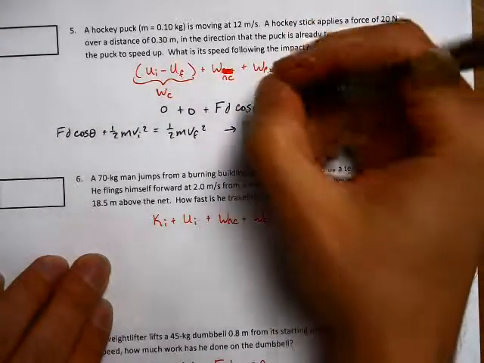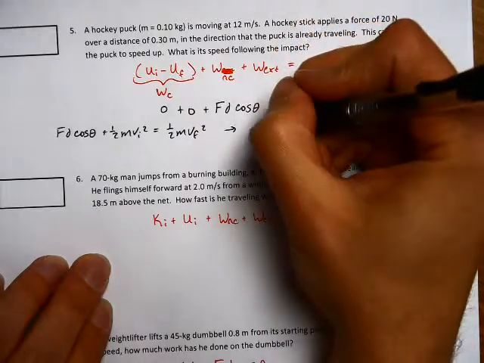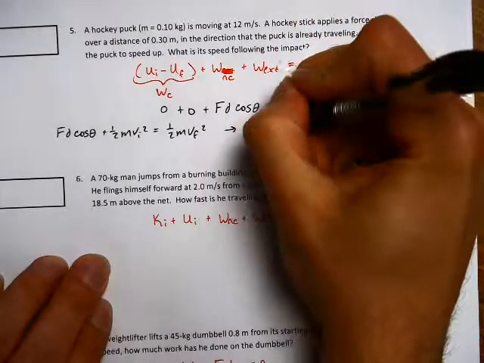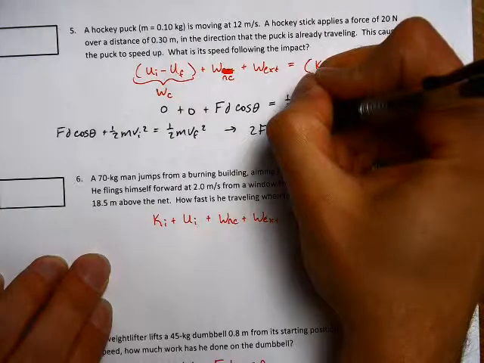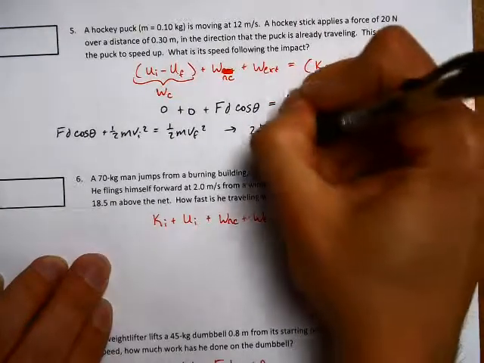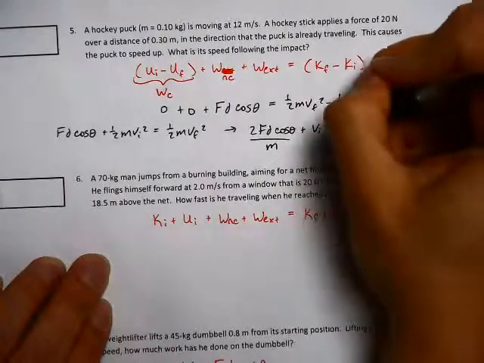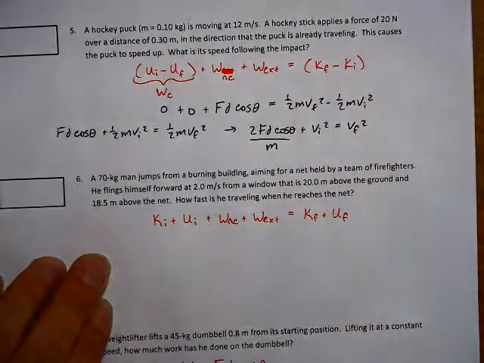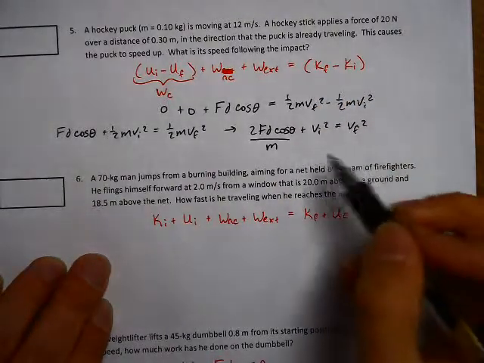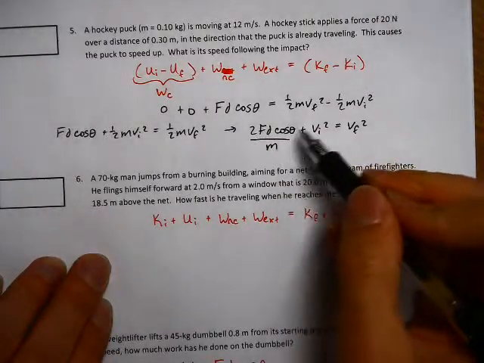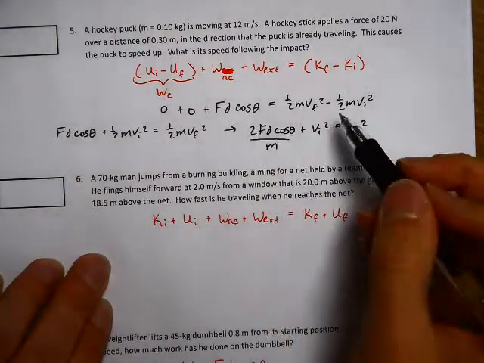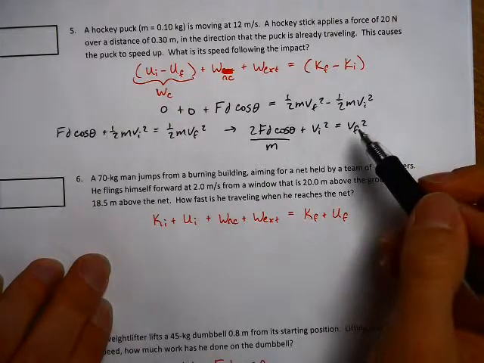That gives me 2Fd cosine theta over m plus vi squared equals vf squared. I can substitute into this expression right here, and take the square root in order to get vf by itself.